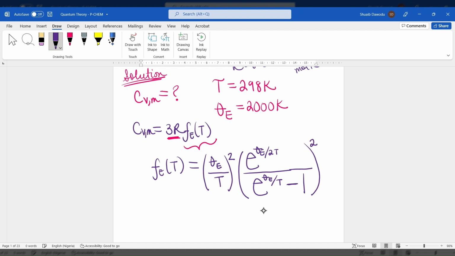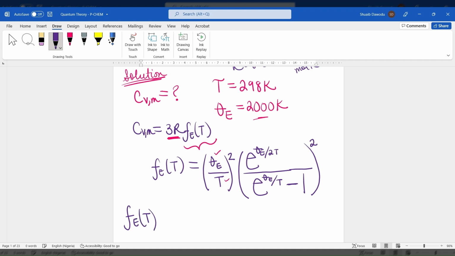This is the formula we're going to use. As you can see, we have our value for theta already given to us and our value for T. Of course, we know what e is, a constant, 2.7 and so on. So every piece of information we need to substitute into this equation has been given to us, and we can start the calculation.